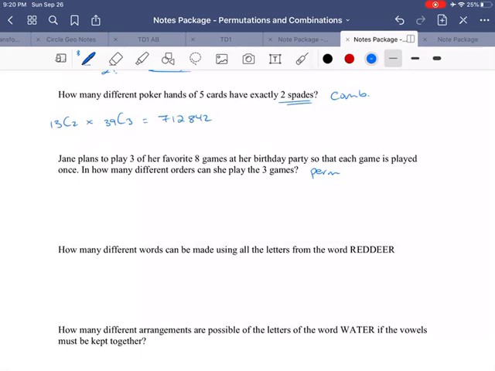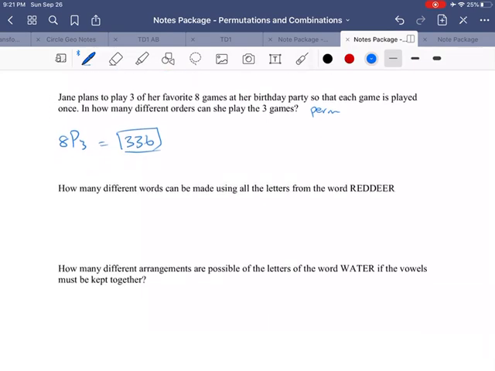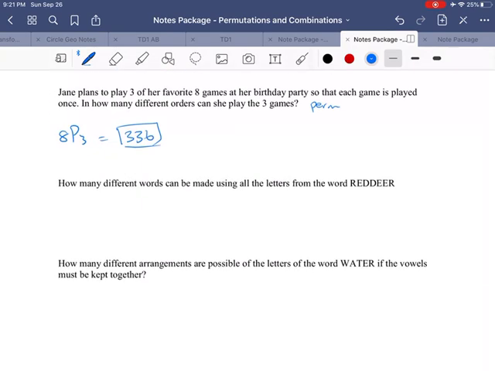Okay, if the question was how many groups of 3 games could she play, that might be classified as a combination question, if you're just saying which games did she play throughout the evening. But if it's talking about the order in which she plays it, this is going to be a permutation.